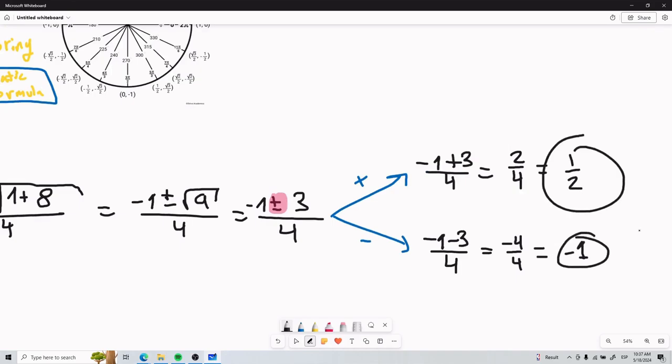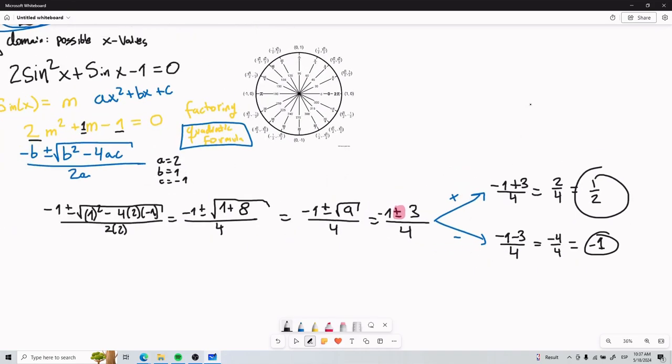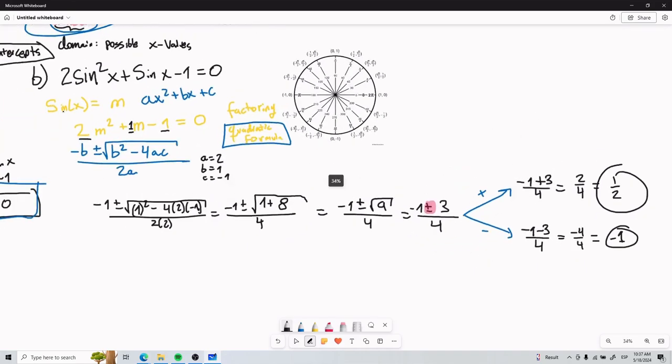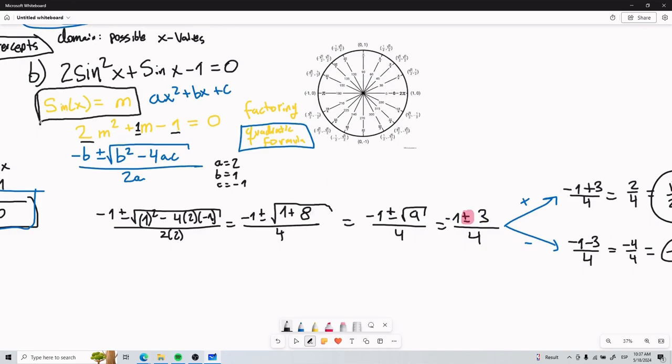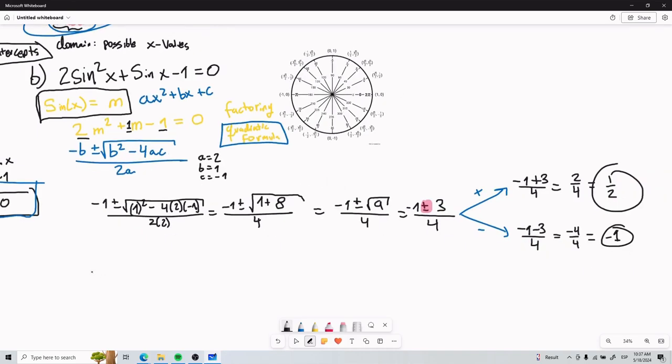Now these are the answers for m, right? So technically, because you replaced m earlier, what you just found is that one of the solutions is at m equals 1/2, and the other solution is at m equals -1, which is the same as saying that your zeros are at (1/2, 0) and at (-1, 0).